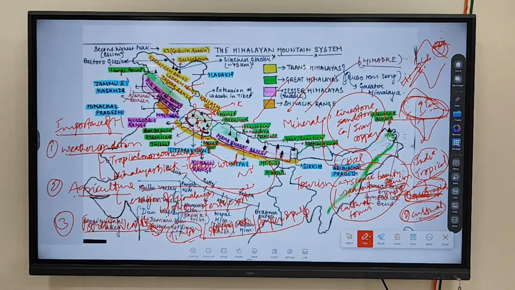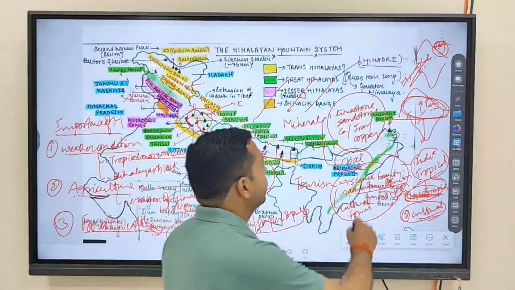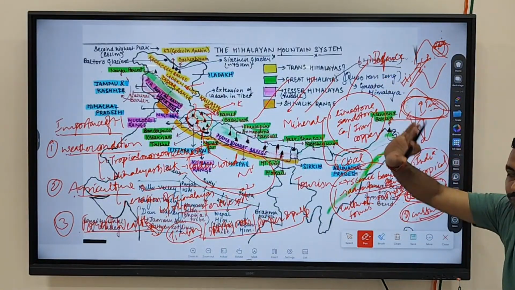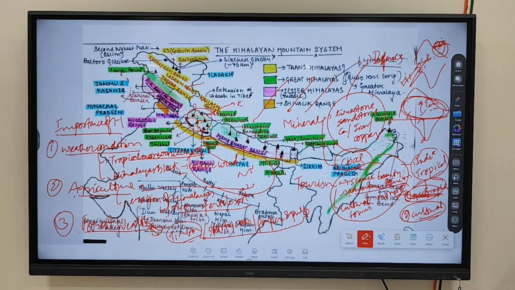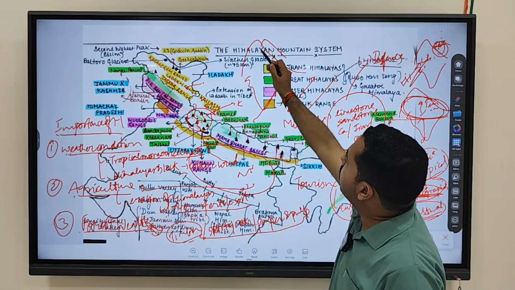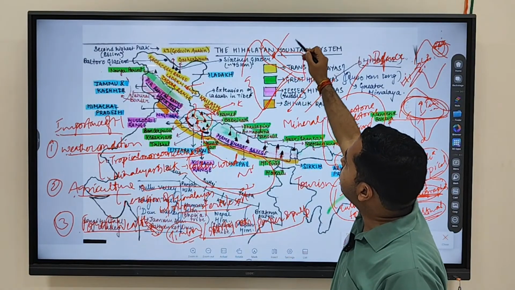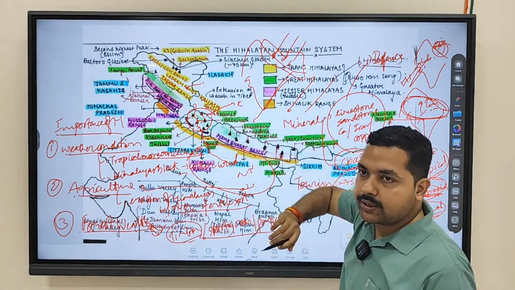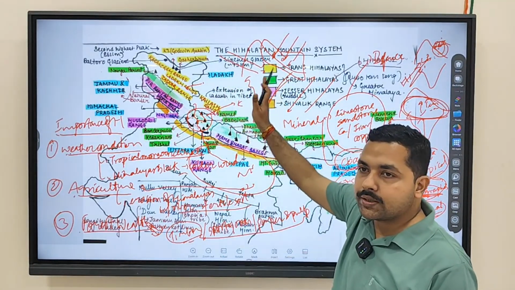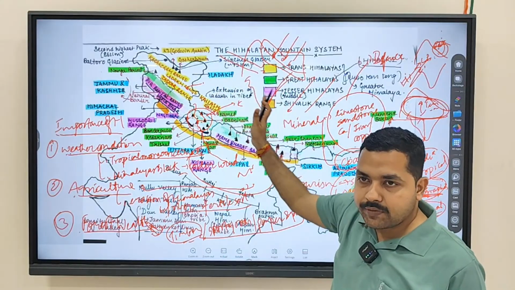Another important role of Himalayas is defense. Earlier when the technology was not advanced, Himalayas protected India from any type of invasion from this particular side. In history you will study that all the attacks on India came from the western side.